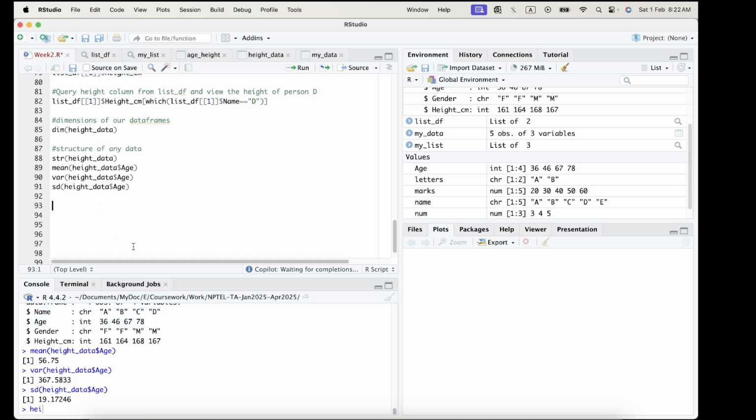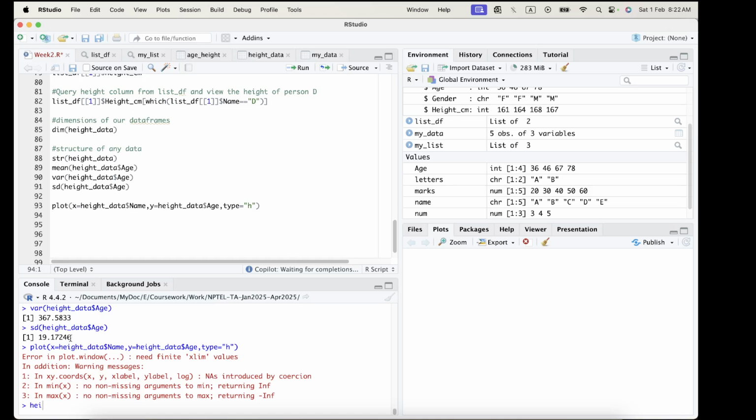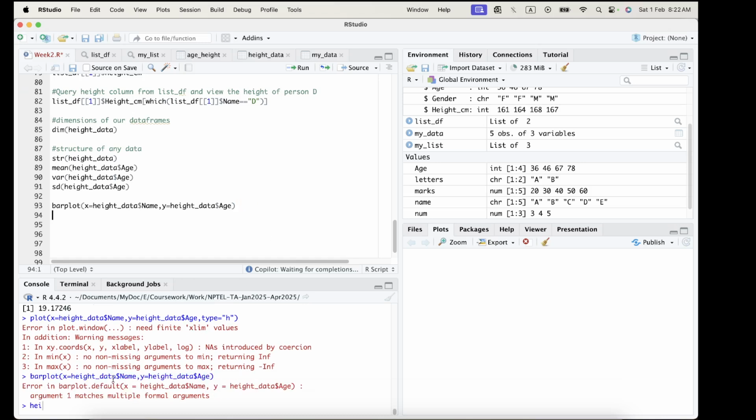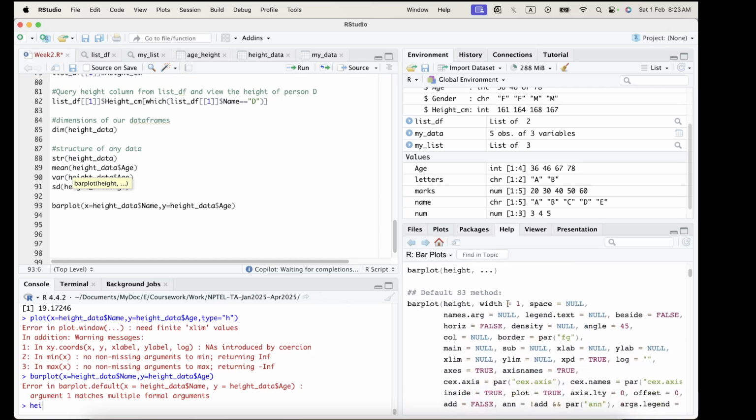If I plot x equal to height data $name and y equal to height data $age, and type equal to... sorry, if I just give bar plot, let me find out what it does. Okay, it creates a bar plot with vertical or horizontal lines.